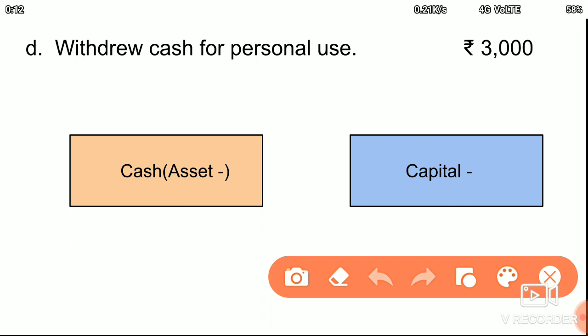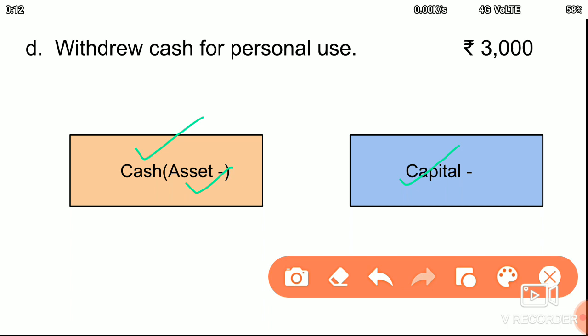So here the owner is drawing cash. When we are recording it from the business point of view, we will have to decrease cash, as cash is going out of the business and cash is an asset. So asset will decrease by 3,000 in the form of cash. And also because the owner is drawing for his personal use, the capital also will decrease by 3,000 rupees.